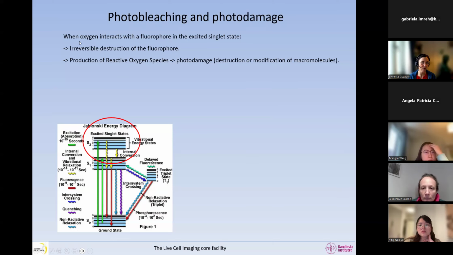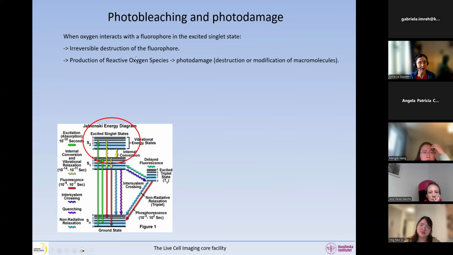This is bleaching, and it cannot go back. It also produces reactive oxygen species, and that leads to photodamage. This is a destruction or modification of the macromolecules inside our cells. Clearly, this is not something that we want.